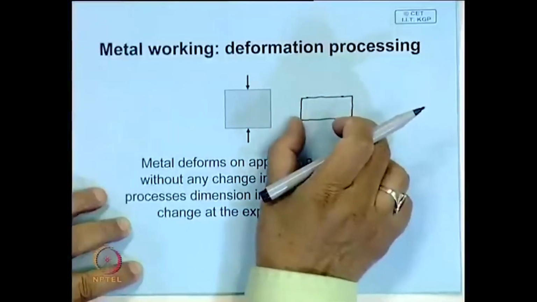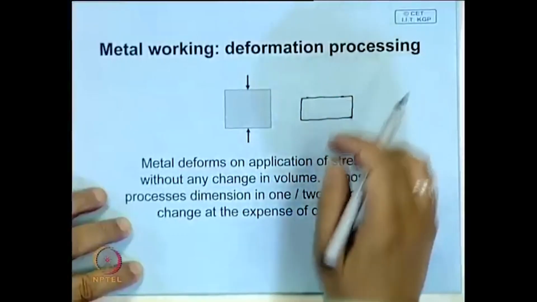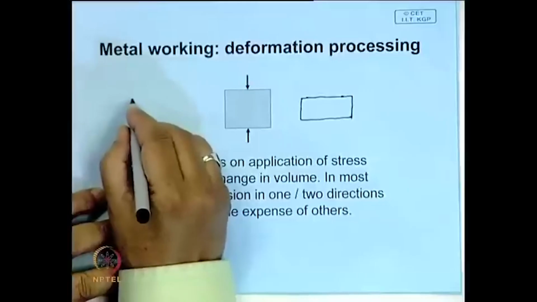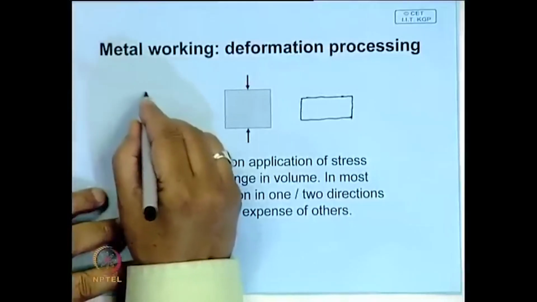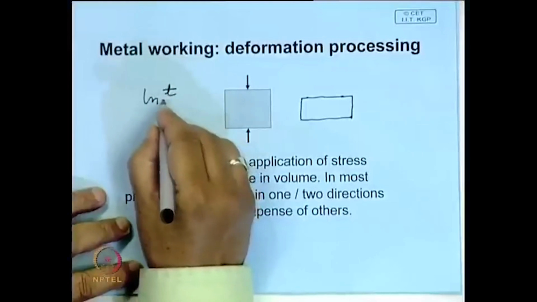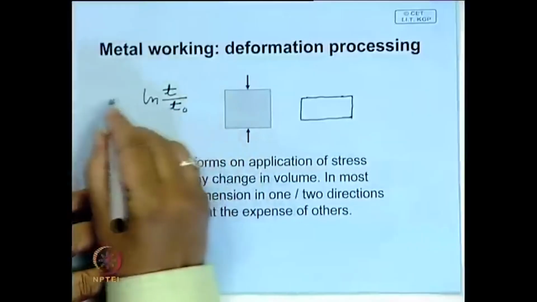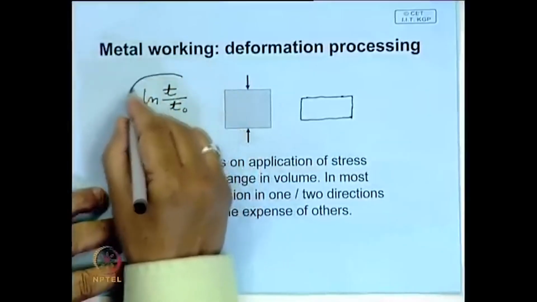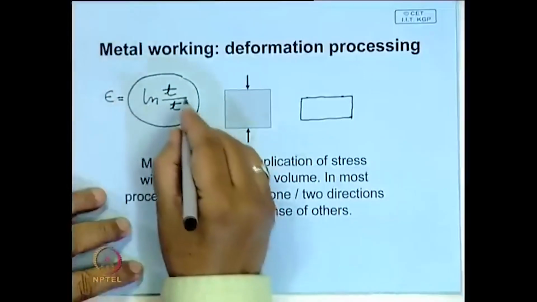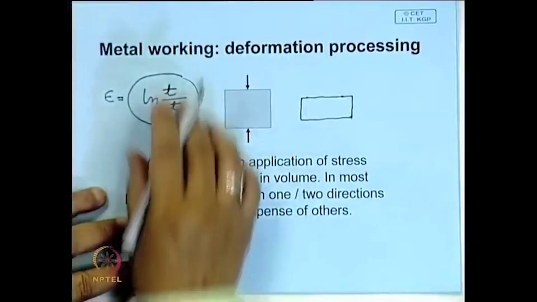There is an increase in length along this direction, a decrease in thickness along this direction, and we say that the amount of plastic deformation is represented as ln T over T naught. This is the true plastic strain. This is the thickness at any point and this is the initial thickness.